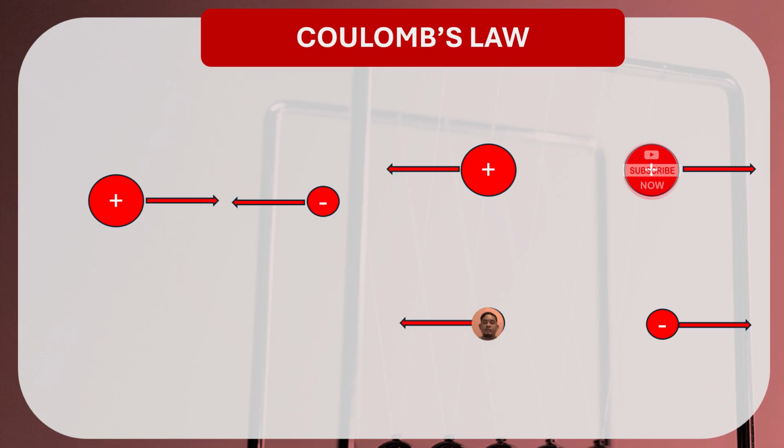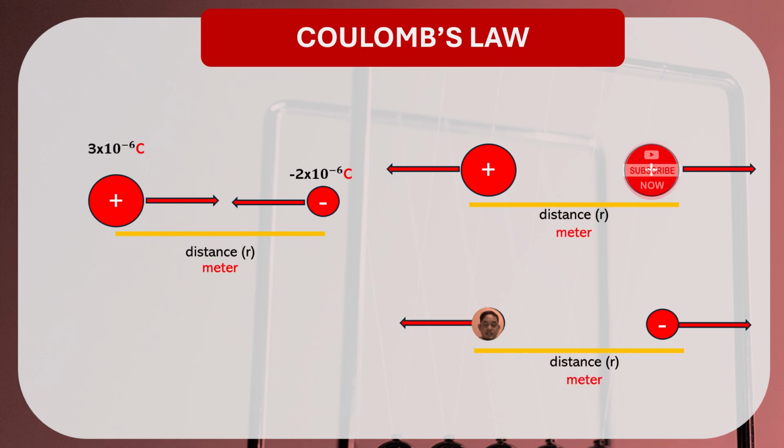Okay, so we have the needed variables for calculating the Coulomb's force. We need the distance, and it must be in meters. Distance, or R. Remember that Coulomb's force is inversely proportional to the square of the distance between these two charges.